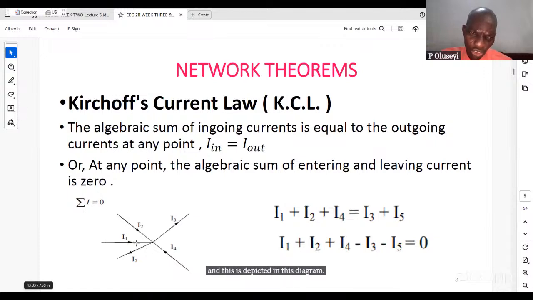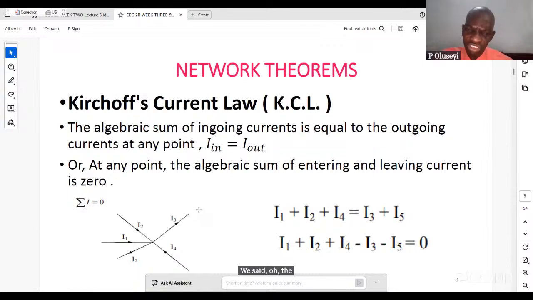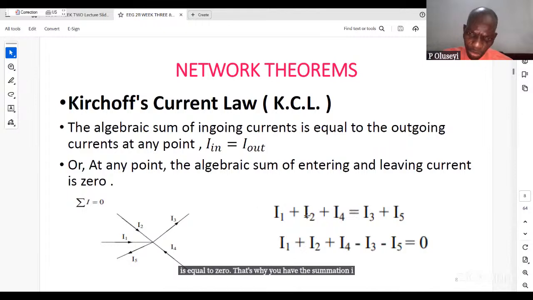I1 is entering this junction, I2 is entering, I3 is leaving, I4 is entering, and I5 is leaving. We said the algebraic sum of all of them is equal to 0. That's why you have the summation of I equal to 0.